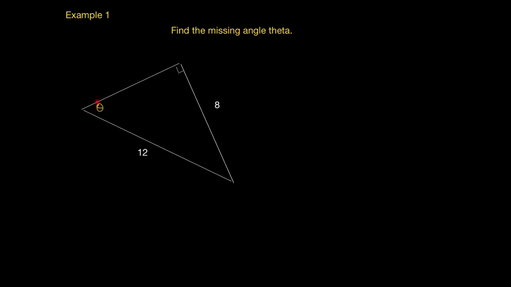Remember that the side that's across your reference angle is always going to get labeled as the opposite. And the side that's across your 90-degree angle is always going to get labeled as your hypotenuse. We weren't given any information on the adjacent side, so I'm not going to bother to label it. Now I'm going to use my useful acronym, SOHCAHTOA.